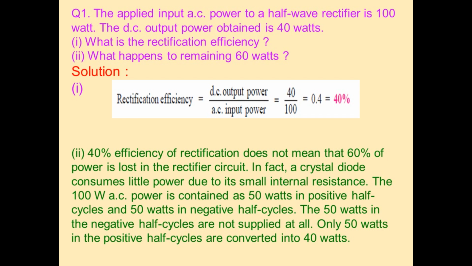Rectification efficiency. The efficiency of half wave rectifier is given by DC output power divided by AC input power. The ratio of output power to the input power is nothing but efficiency.